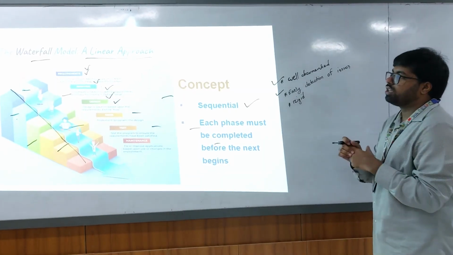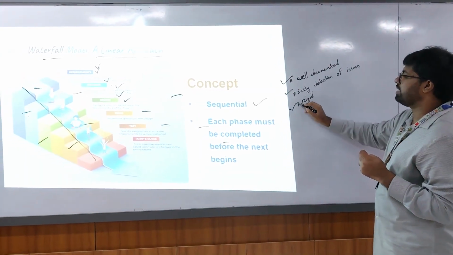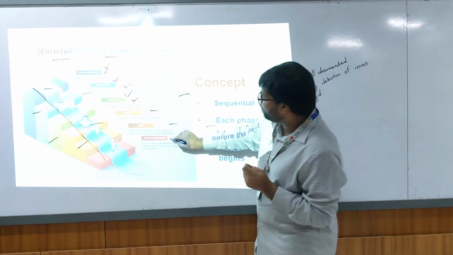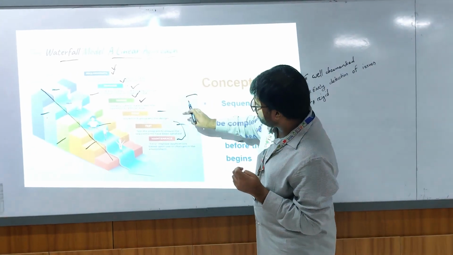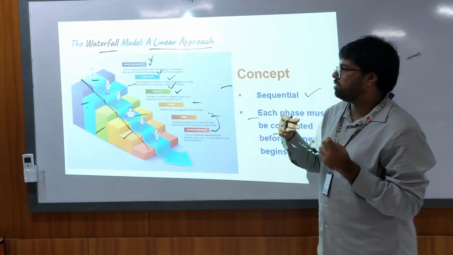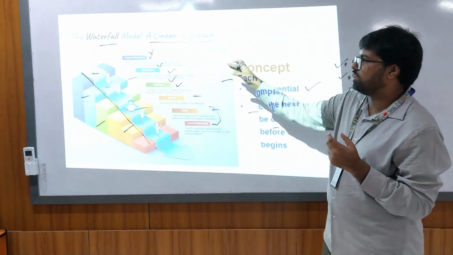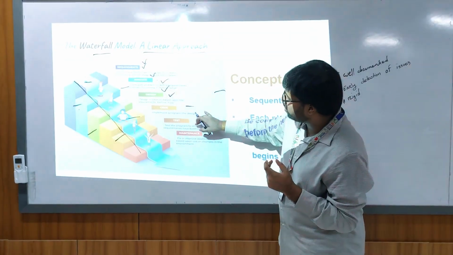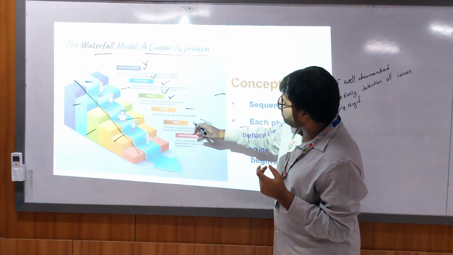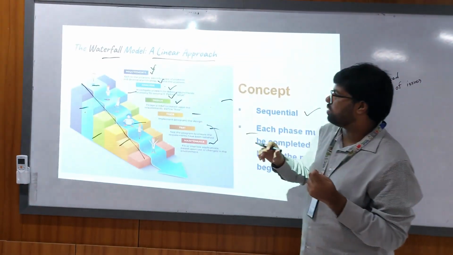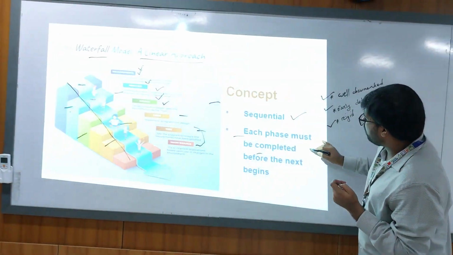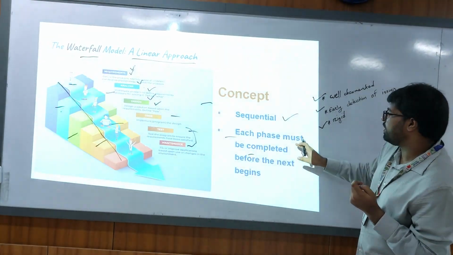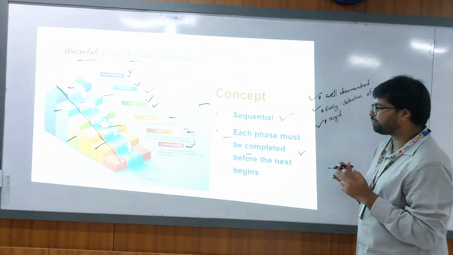The only disadvantage of this model is that it is rigid. If we are developing a project through this model, we cannot go back to a previous process, because each phase must be completed before the next.